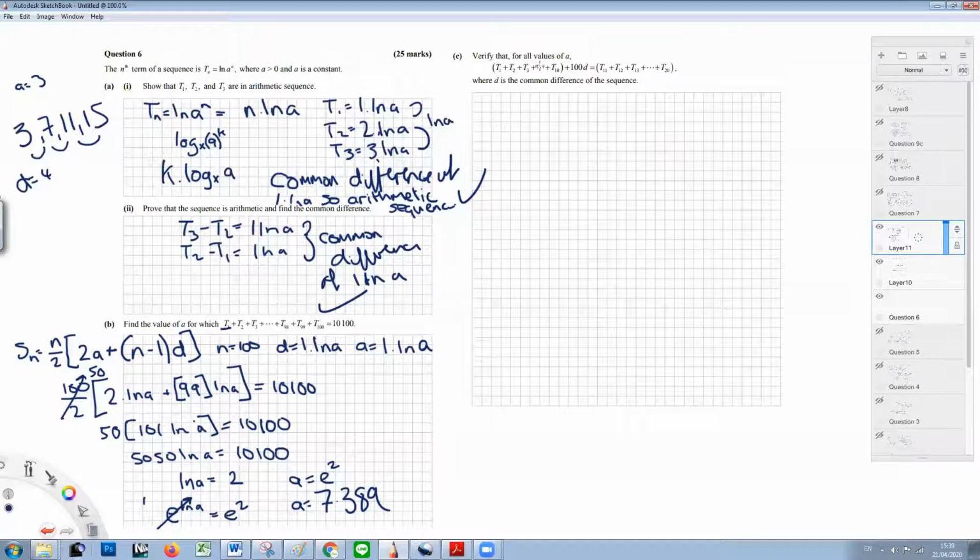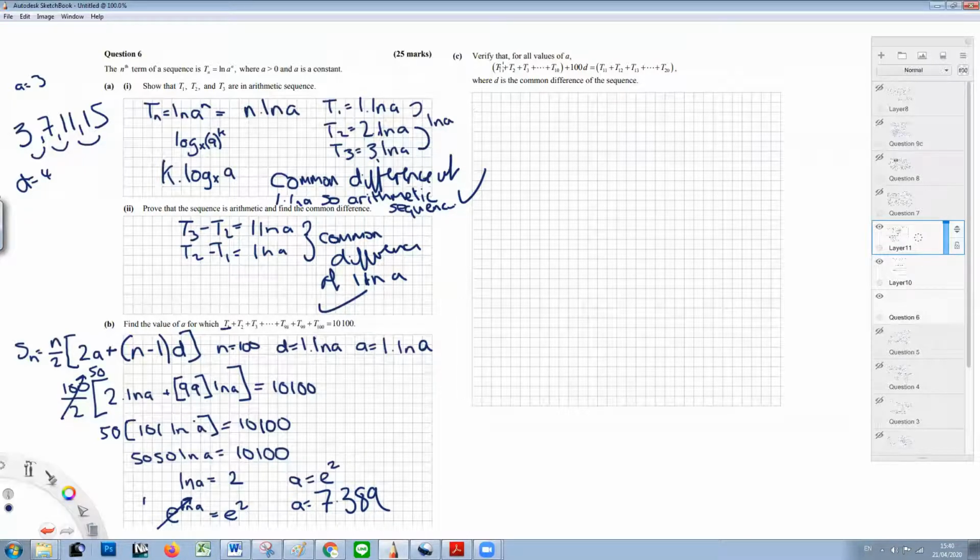So the next part is: verify for all values of A that T1, T2, T3, all the way up to T10, plus 100 times D is equal to T11 all the way up to T20. So again, you would do the arithmetic sum and make sure that the two were the same.